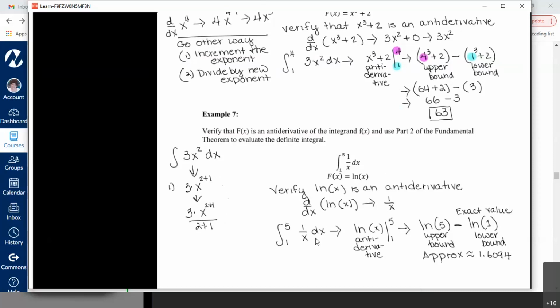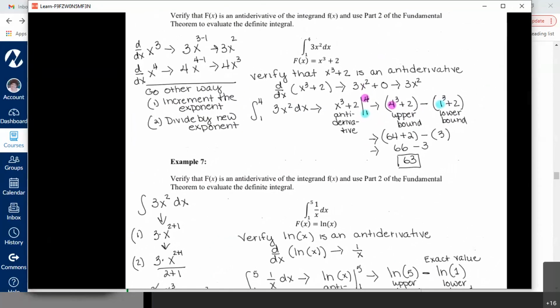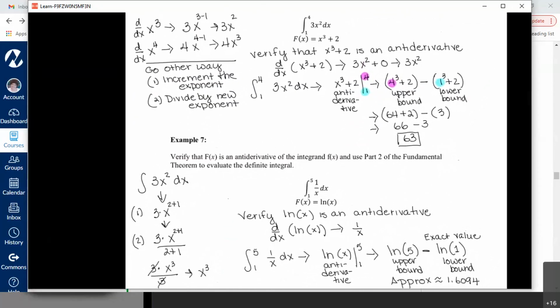So here's step 1, here's step 2. Then let's simplify what we got: 3 times x to the 2 plus 1 is 3. 2 plus 1 is 3. What do you know? I got x cubed. So that's how you get it without somebody handing it to you.